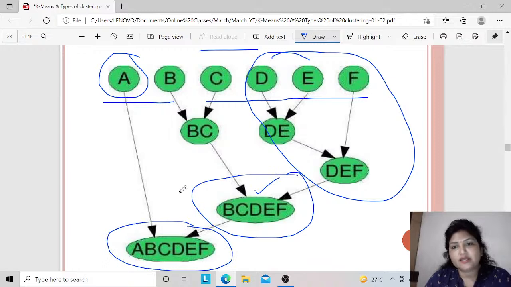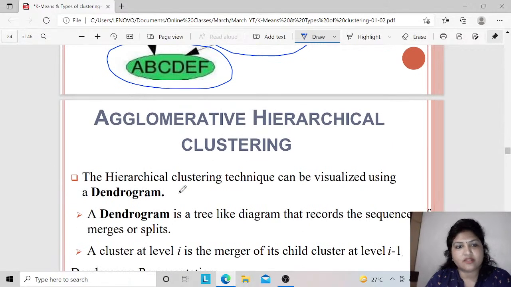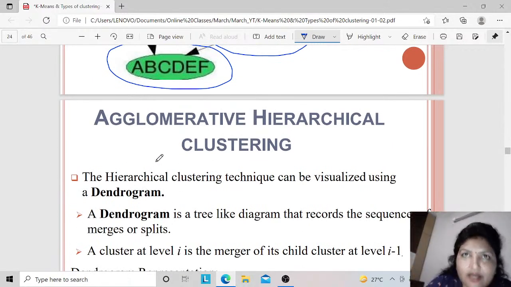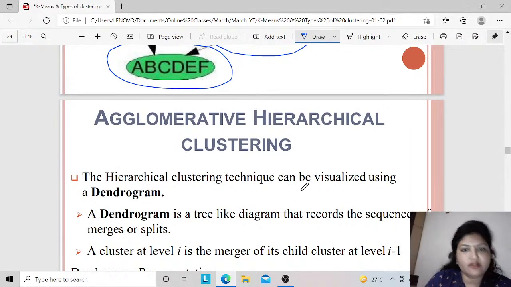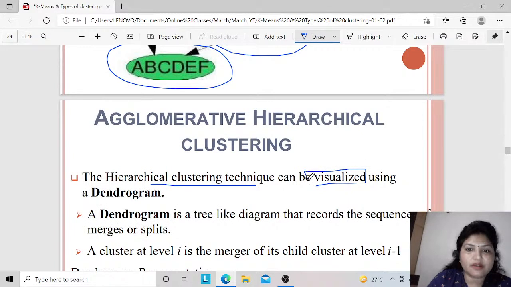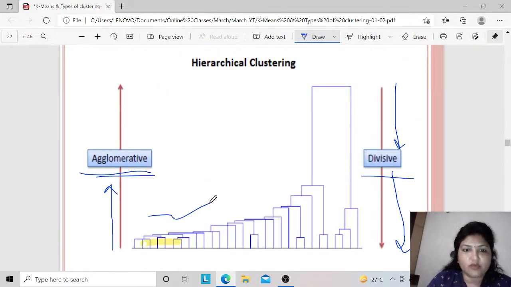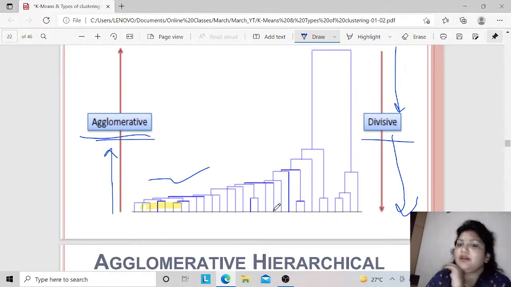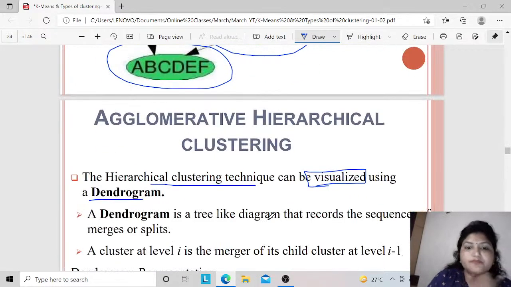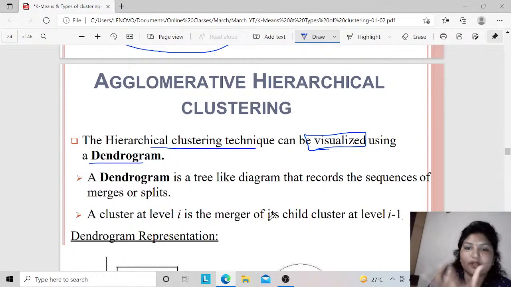right? So this is one method. Let us see how we make dendrograms. The hierarchical clustering technique can be visualized, and the method to visualize it is the dendrogram. A dendrogram is a tree-like structure wherein you have all your data points.